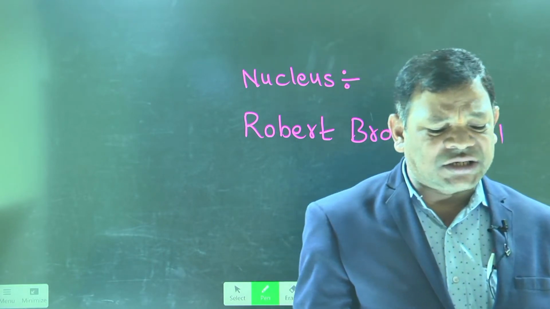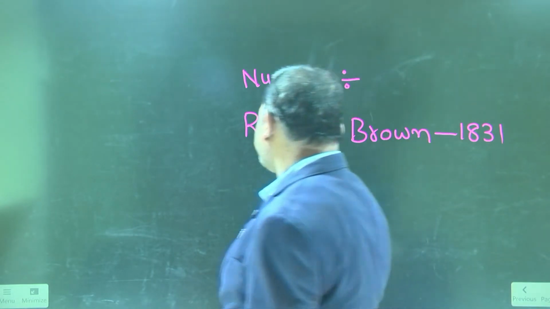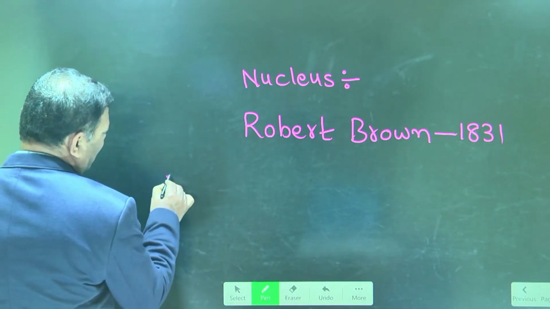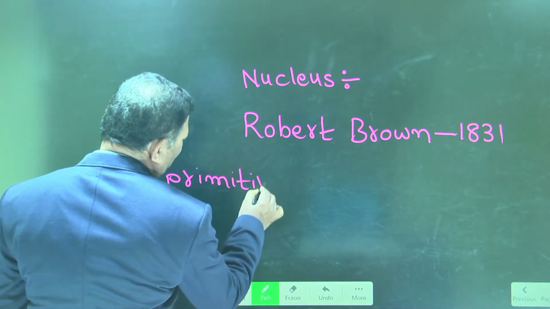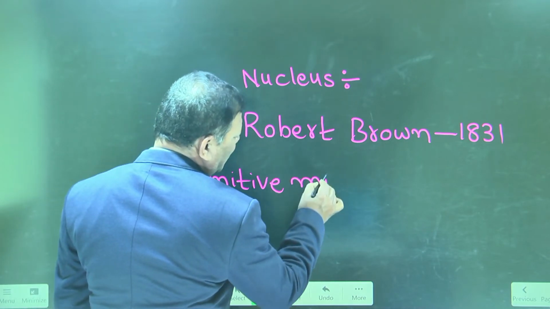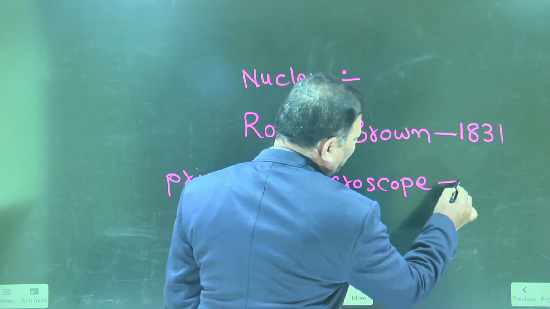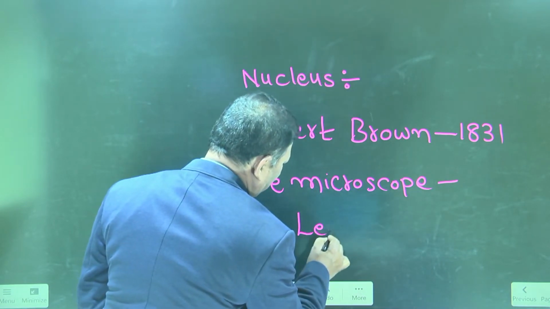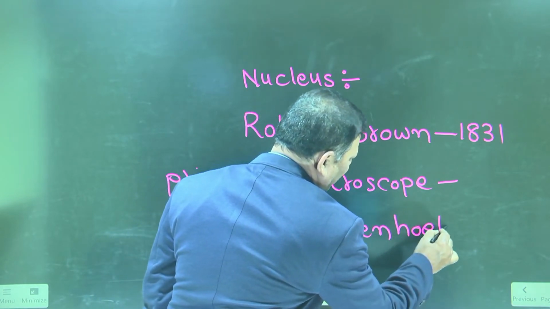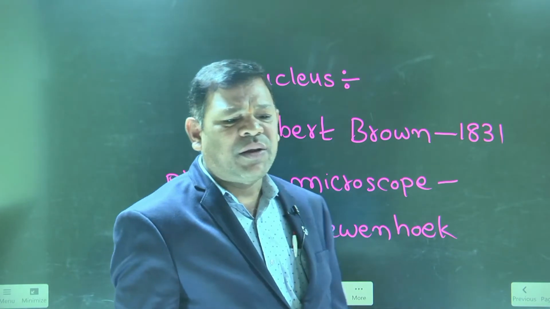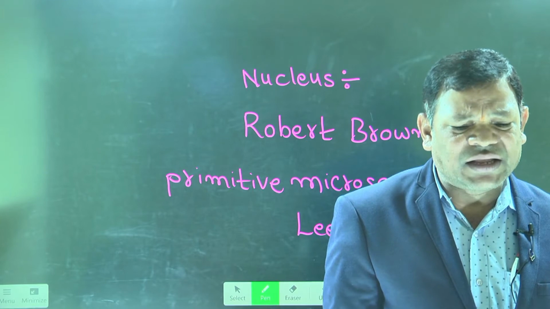Next, the primitive microscope was discovered by whom? The primitive microscope was discovered by Leeuwenhoek.